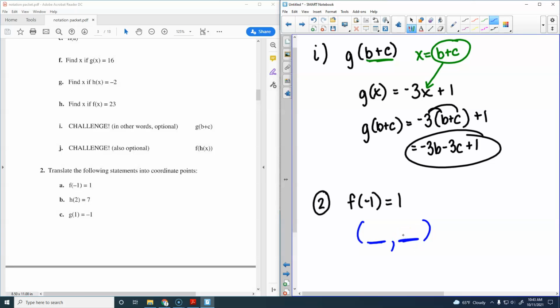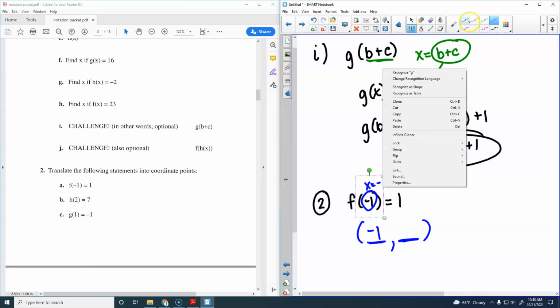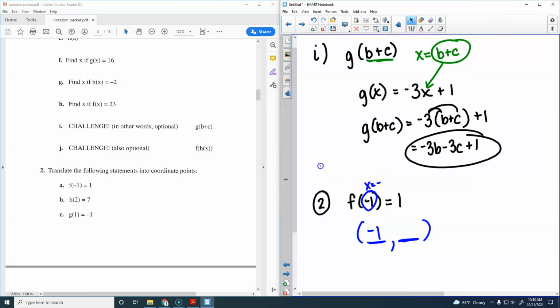So if I've got f of -1, what's the x coordinate? It is the negative 1. Because remember, if we're finding f of something, it's telling us x equals negative 1 right there. The y-coordinate is going to be your f of x, which is 1. It's whatever it's equal to.